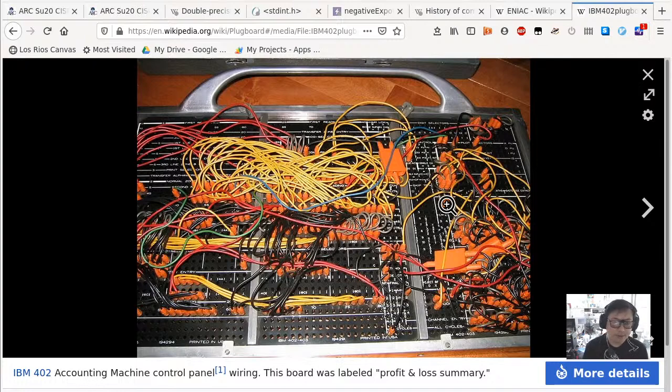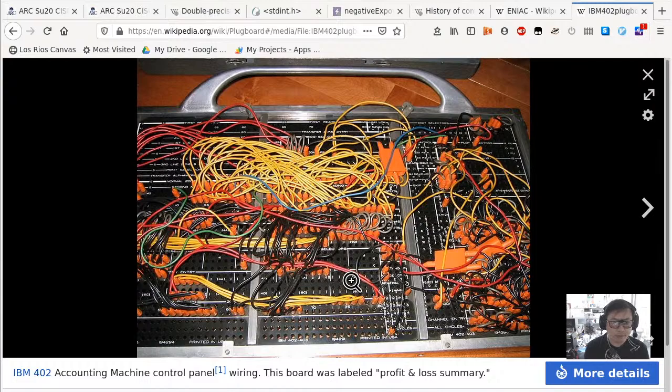If you have taken some electronics classes and you have worked with breadboards, a breadboard is a modern day reusable low-cost plugboard, basically. And these plugboards are much more flexible. You can see how the wires just basically fly everywhere.